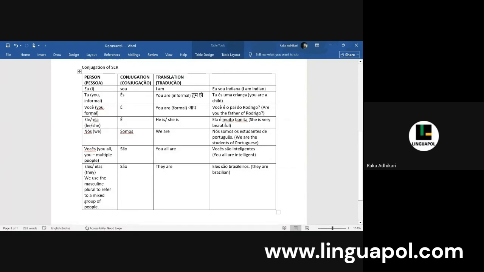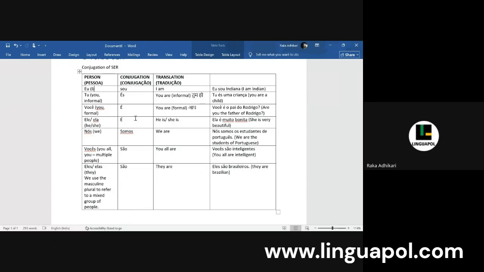Since the conjugation for all these three words is the same, so we will learn them together. Nós somos. Vocês, eles, elas são. So once again, eu sou, tu és, você, ele, ela é, nós somos, vocês, eles, elas são.